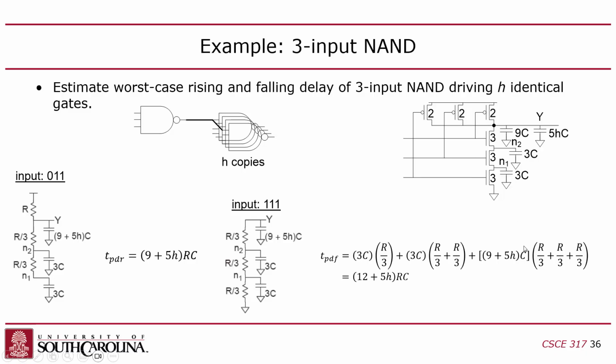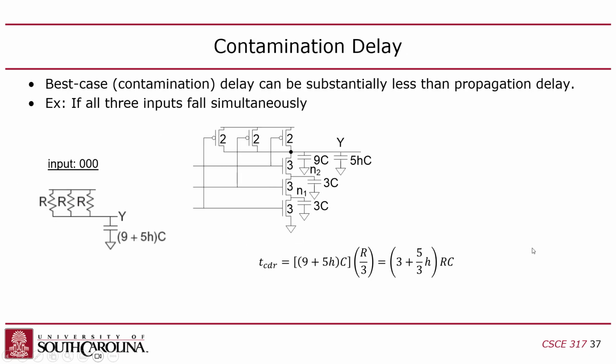That's R over 3 plus R over 3 plus R over 3. And then I add its drain capacitance plus the input capacitance of the downstream gates, which is giant, right? It's 9 plus 5H C, right?